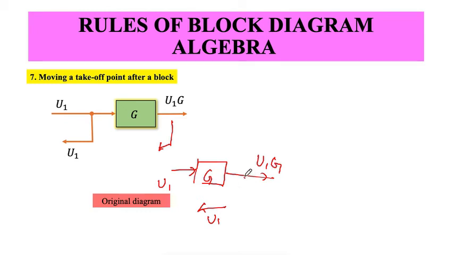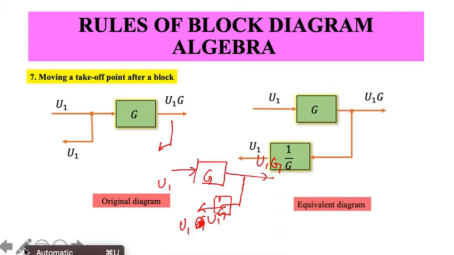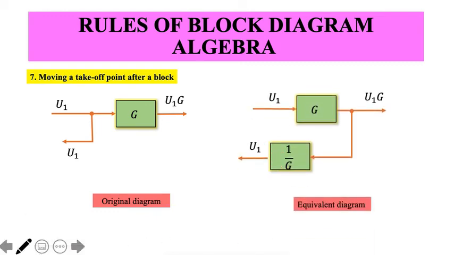If I take a point from here, it will give me u1g, but I don't want it, so I will add a block 1 by g here, so it will give me a single u1. Okay, so this is how my new block diagram will look. So I just divide by g, so this kind is also straightforward to do.